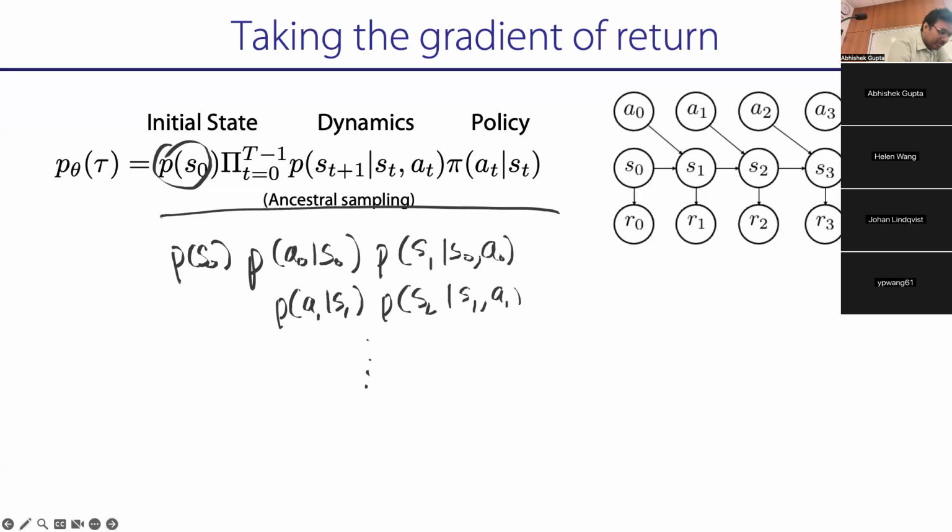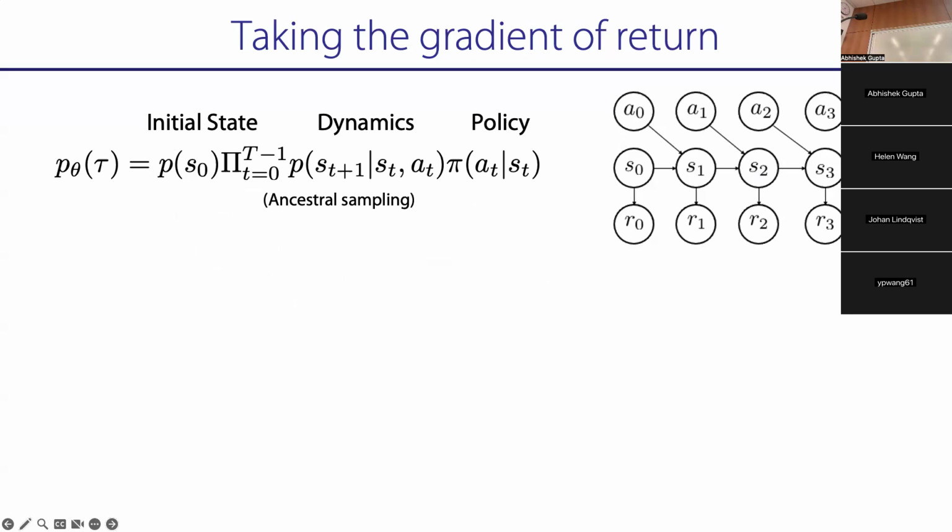This is how likely it was that I got the initial state. Given that initial state, this is how likely I got the first action. Given those two, this is how likely I went to the next state, right? And so using the Markov property, you can write the likelihood of a trajectory as the product of an initial state likelihood times the dynamics likelihood times the policy likelihood, right?